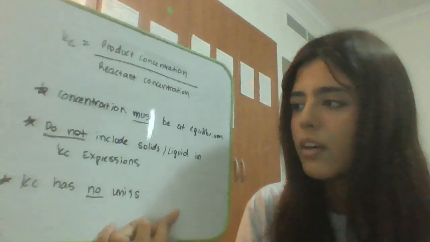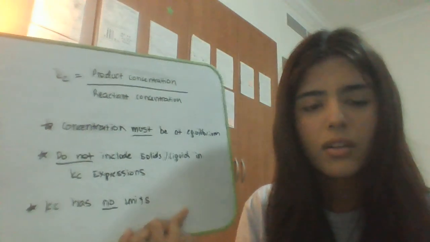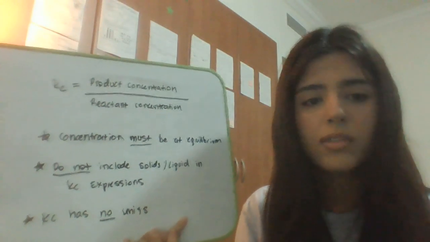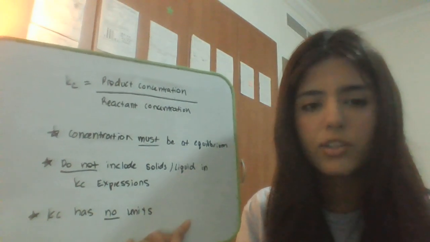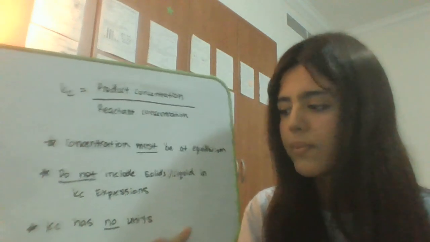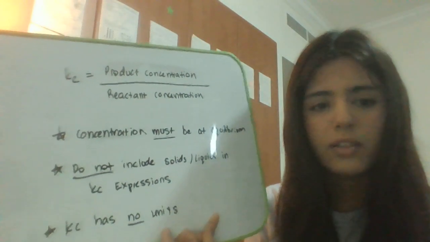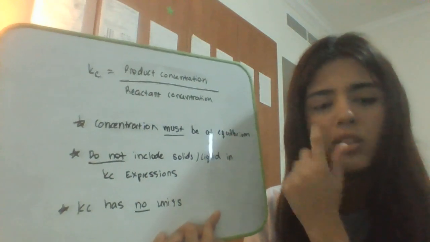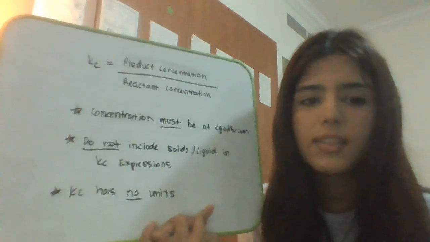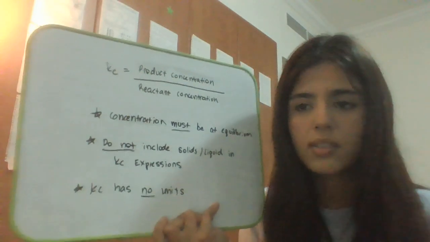When you're making your Kc expression, you can include the gases and aqueous forms, but whenever you have an equation where there's solids and liquids, you cannot include them in your Kc expression. And when you find the value of your Kc, it's just going to be a value. It's not going to have a unit. Like concentration has the unit moles per liter, Kc doesn't have a unit, so it's just going to be a number. Okay, so let's move on to some easy examples.